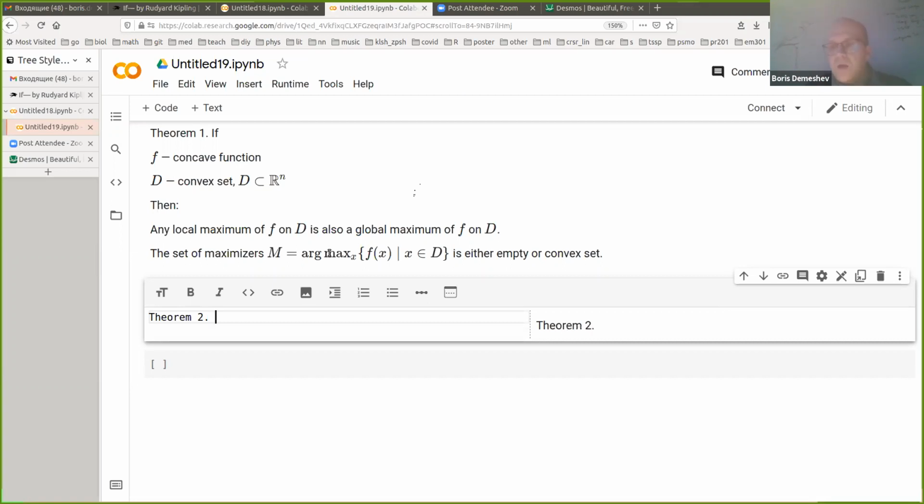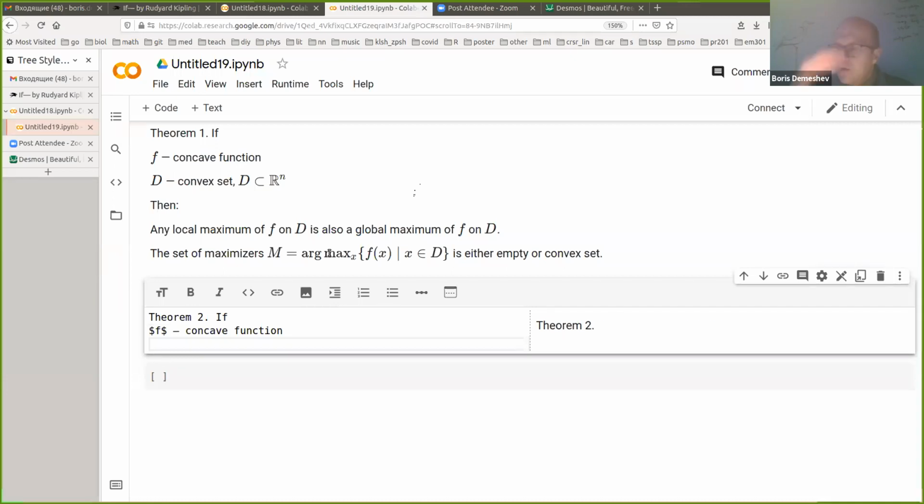2. Theorem 2, basically, is a consequence of theorem 1: if f is a concave function, what do we need to have?